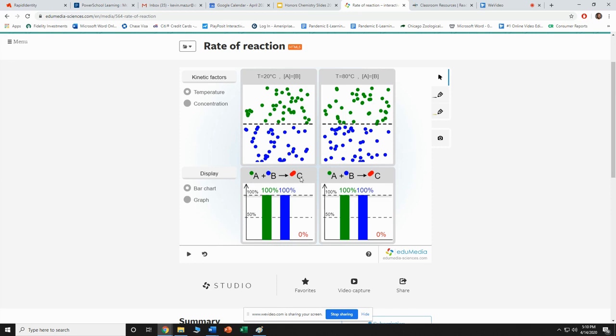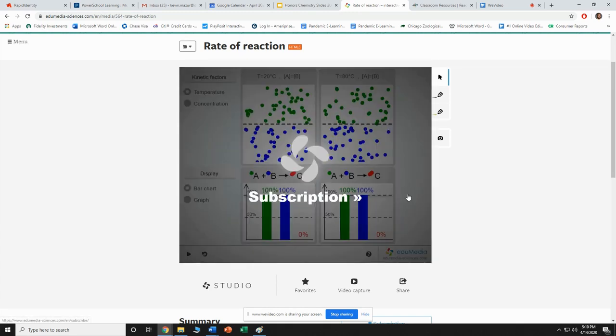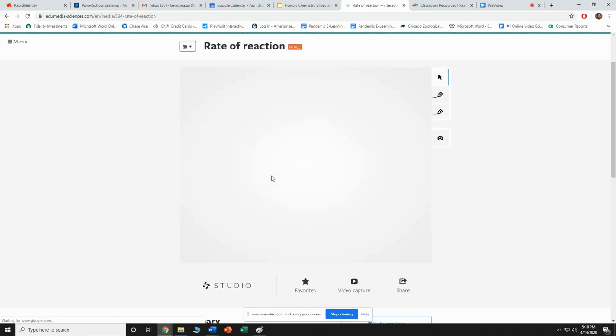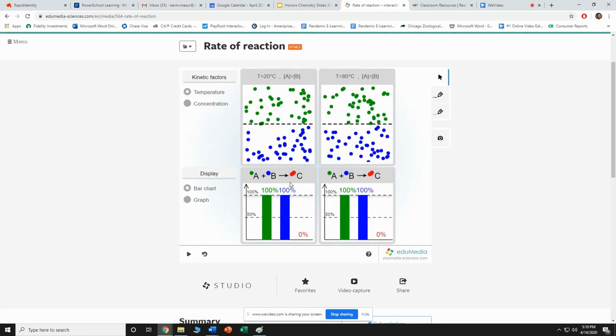And when they interact with each other, like when they physically touch each other, they're going to make C. Because we do a lot of chemical equations where we talk about what gets added together to make another product, but in reality, they need to touch. They need to actually interact with each other.